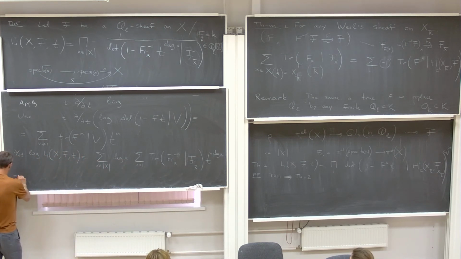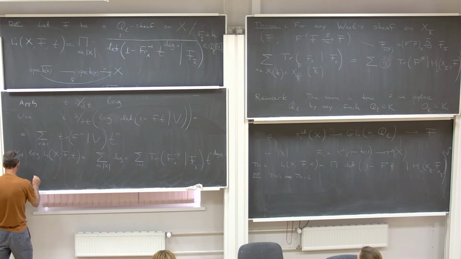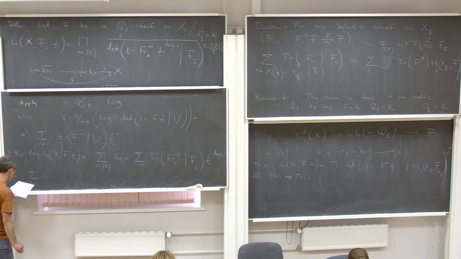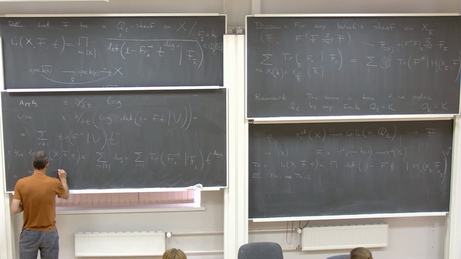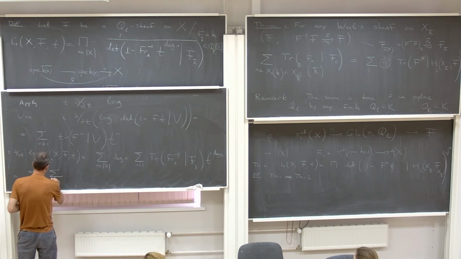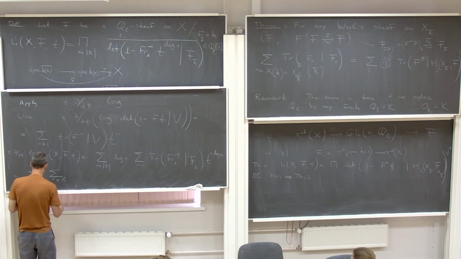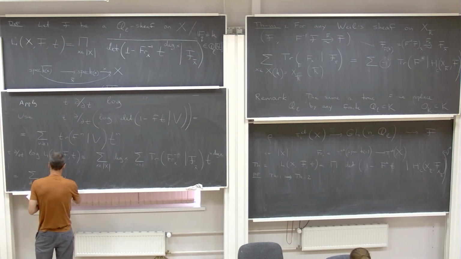So I will rewrite this as follows. This will be the sum over d greater than or equal to 1, where d is the degree. Now I take the sum over points of X over k-bar.